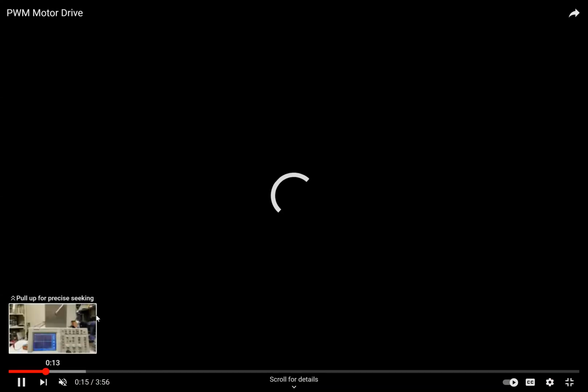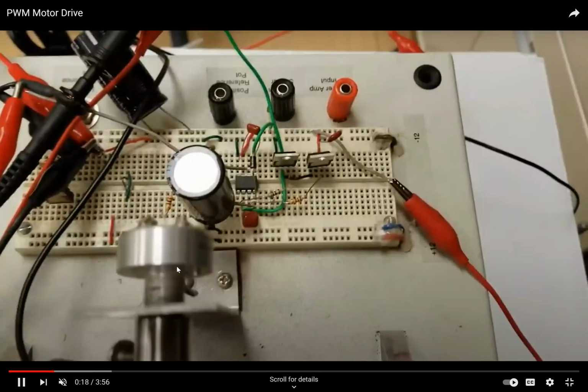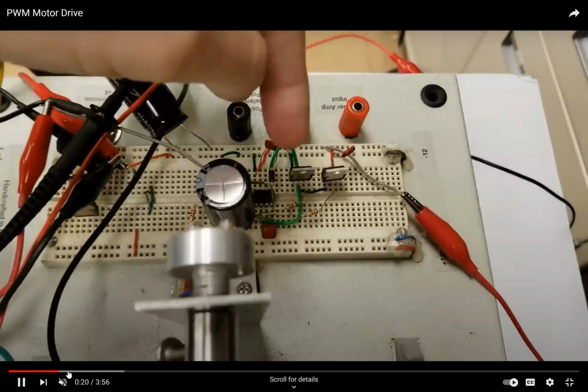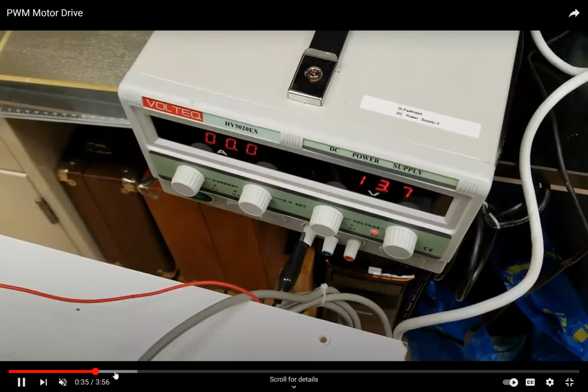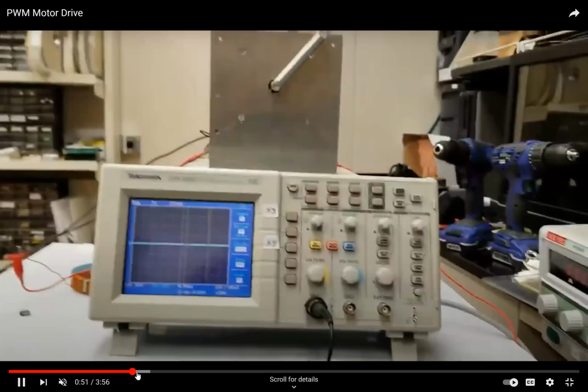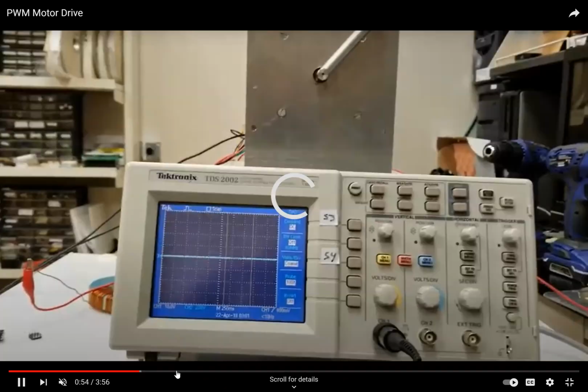Or not. Maybe. All right. And then this is my drive. So I have all this stuff showing how it's getting driven.